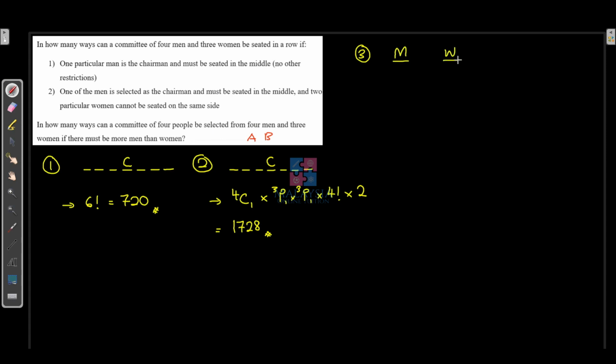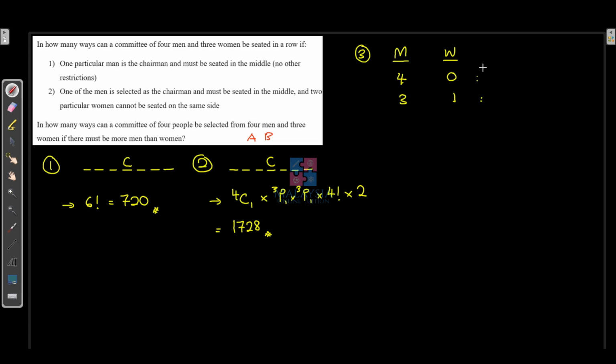So when they say we want 4 people and men must be more than women, we can start with 4 men and 0 women, because we have 4 men and we want to select 4 people, so it is possible that we select all of them to be men. And then we can also have 3 men and 1 woman. But we cannot have 2 men and 2 women because this is not more men than women. So there are only 2 possible cases, 4, 0 and 3, 1.